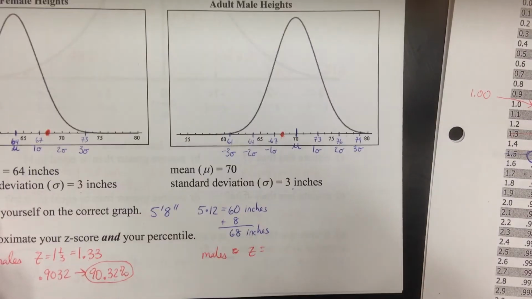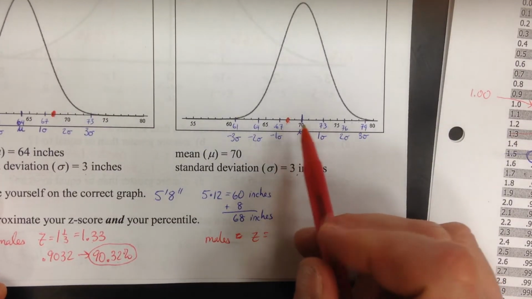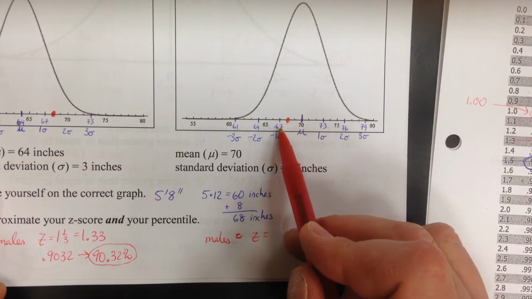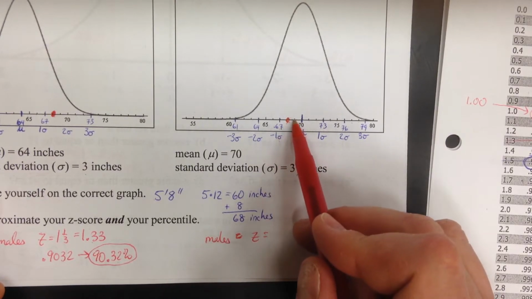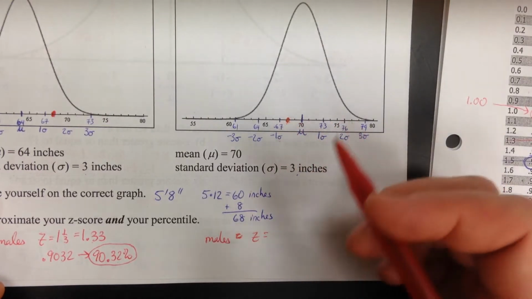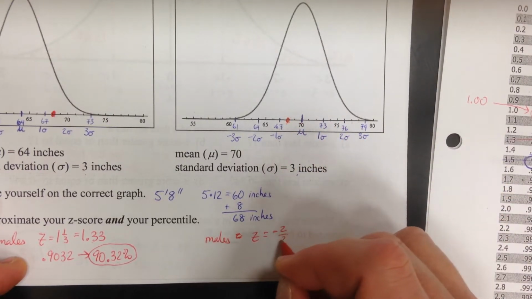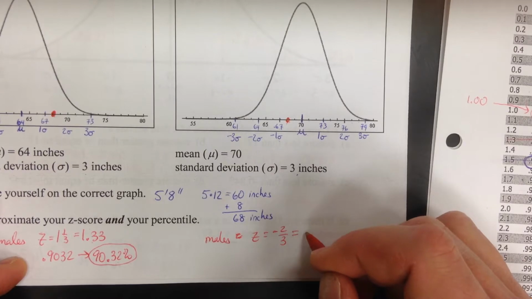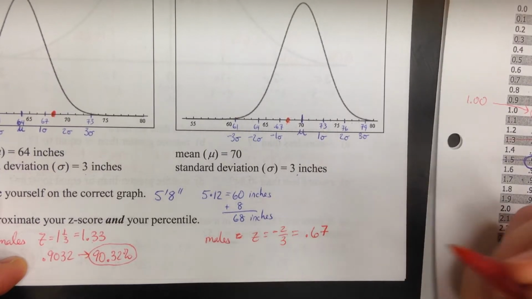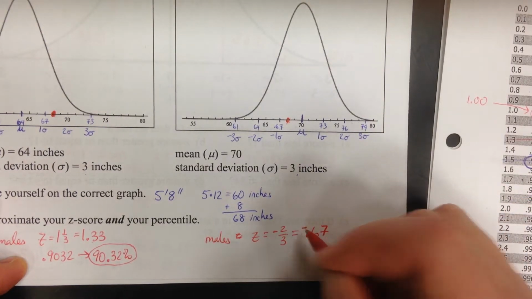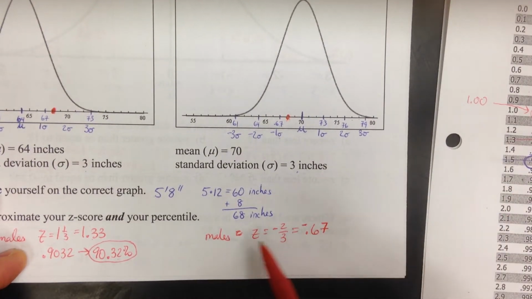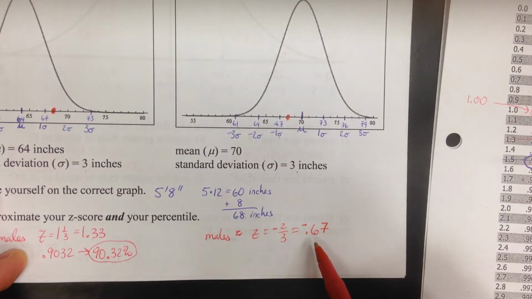It's going to be negative because we're to the left of the mean. Now we're not quite a full standard deviation to the left. So we're not up to -1 standard deviation. It's 2/3 of the way. So the z-score is -2/3. As a decimal, that's 0.66 repeating. I'm going to round that to 0.67, and it'll be negative. Okay, so if you're a male, if you're 68 inches, 5'8", your z-score is negative 0.67.